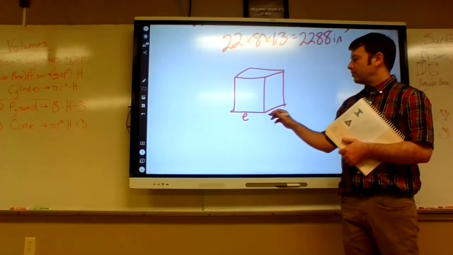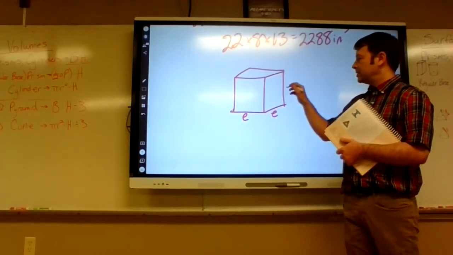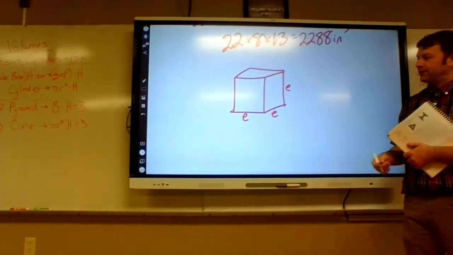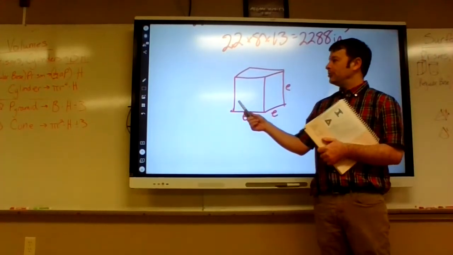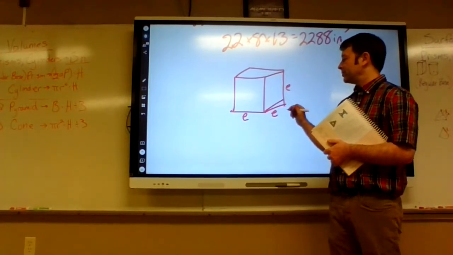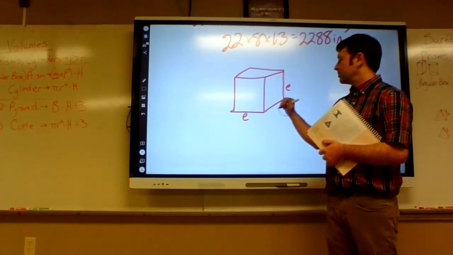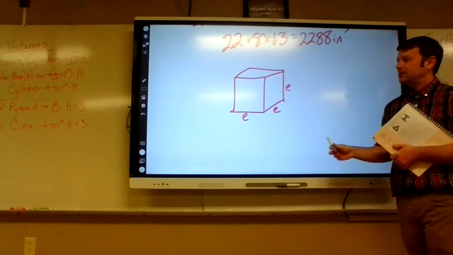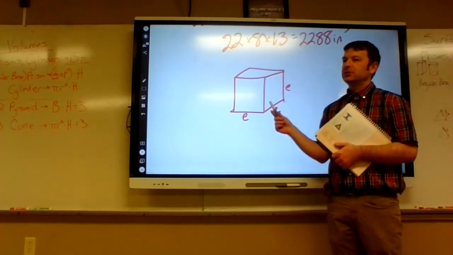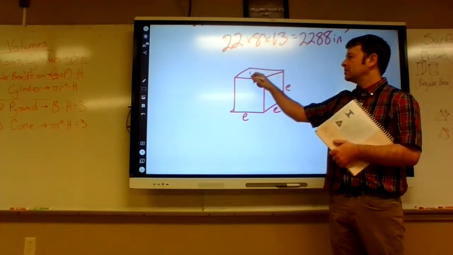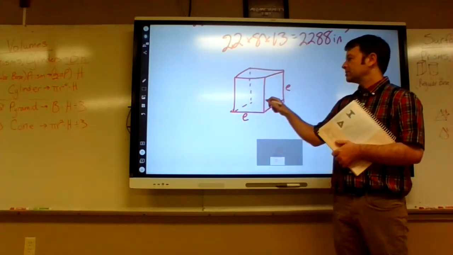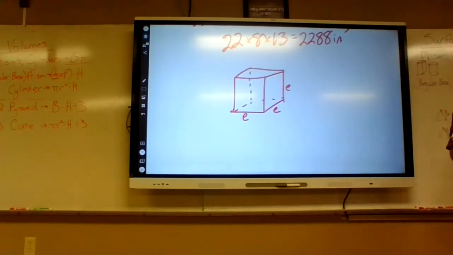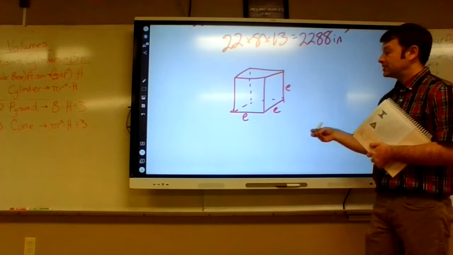No. Edge cubed would give me the volume. How about surface area though? What's special about a cube is all the sides are the same, so they have the same area. How many sides does this shape have? 6. A normal box shape, a rectangular box, has 6 sides, 6 faces.